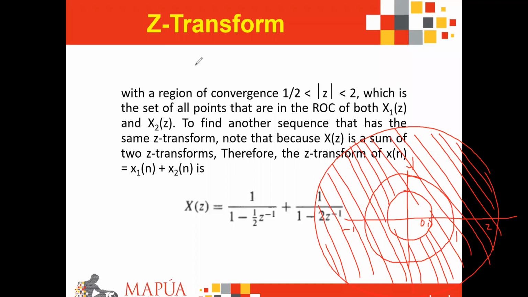Kaya lumalabas dito, in between. Ayan. Greater than 1/2 but less than 2. Okay? Nandun yung region of convergence mo. Kasi yung isang signal left-sided, yung isang signal right-sided. Okay? So, ang naging, ano mo tuloy? Parang donut, no? Lumabas sa atin na region of convergence.